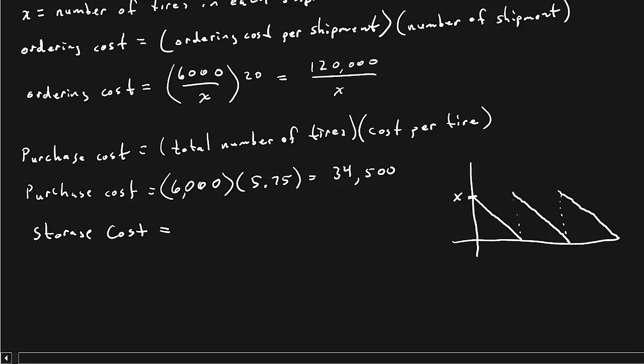Well, the storage cost, we can just look at it as the average of that. Okay? So remember, these lines going down represent the number of tires you have in storage.